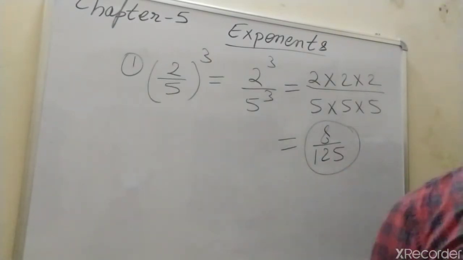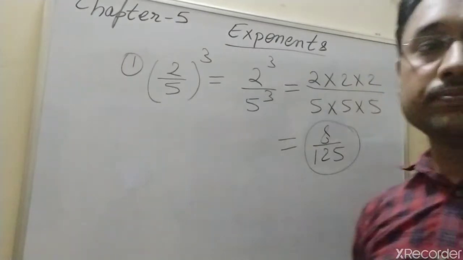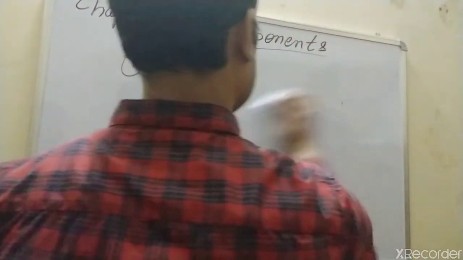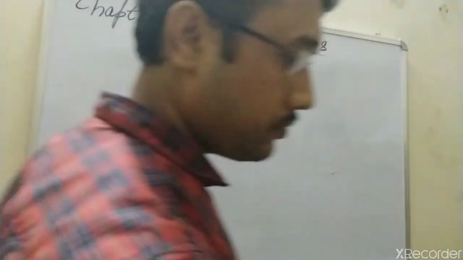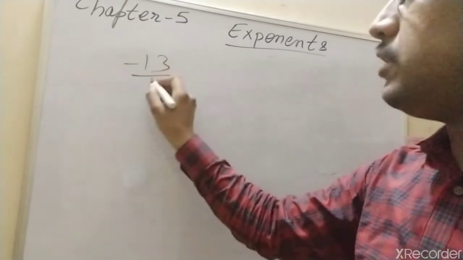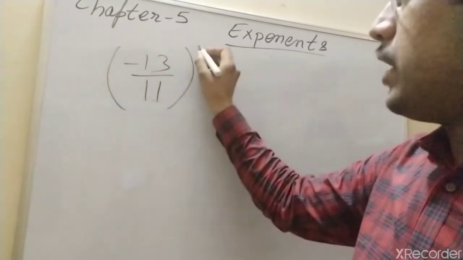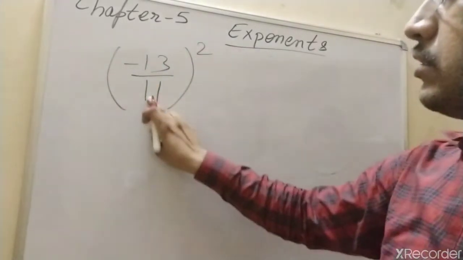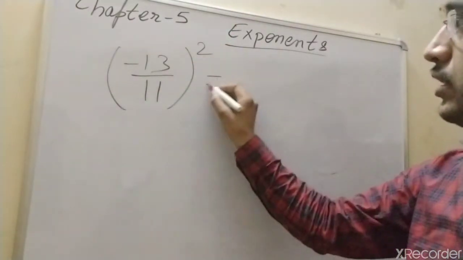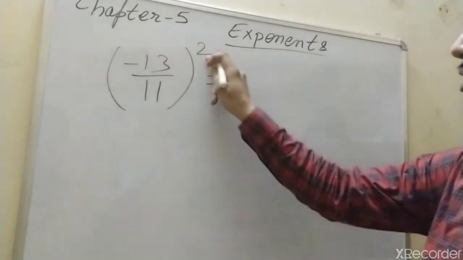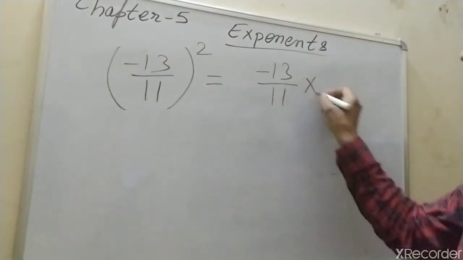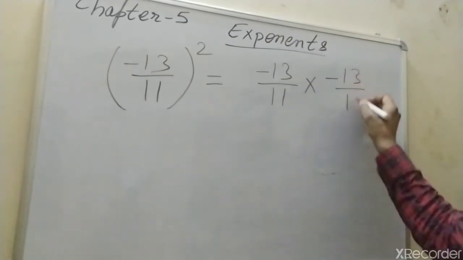This way we can convert other numbers also, such as if the number is written minus 13 by 11, minus 13 by 11, and the power here is 2, minus 13 by 11 is the base. Then because power 2 is given here, you can write that minus 13 by 11 into minus 13 by 11.